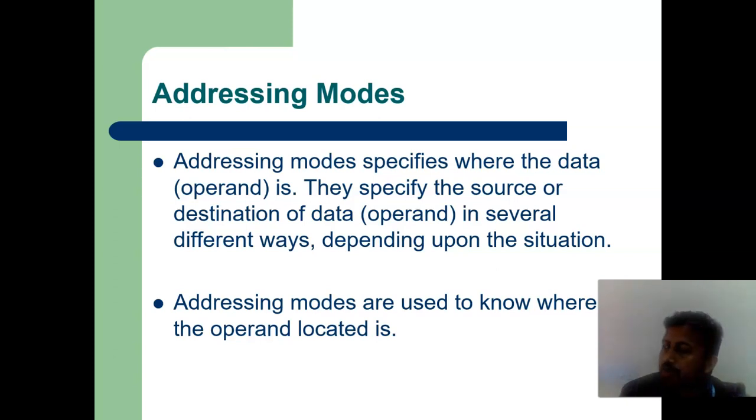In the branch and control transfer instructions, we discussed jump instructions and call instructions. We have conditional jump and unconditional jump, and categories of jump like absolute call, absolute jump, short jump, and long jump.